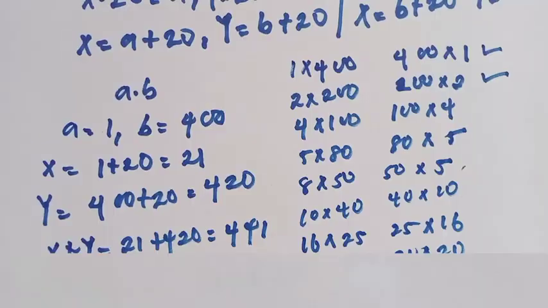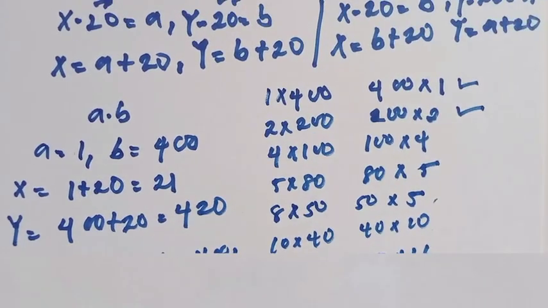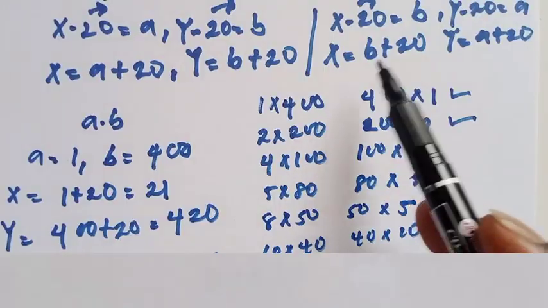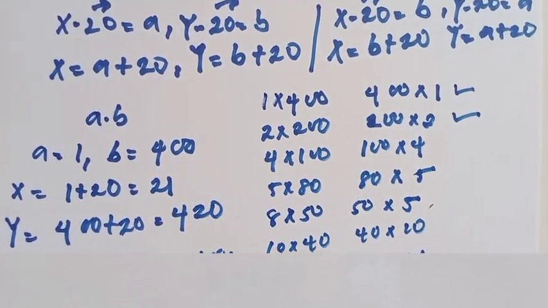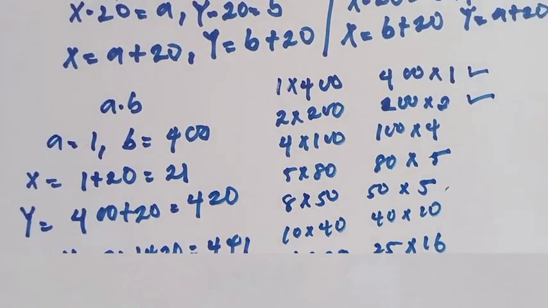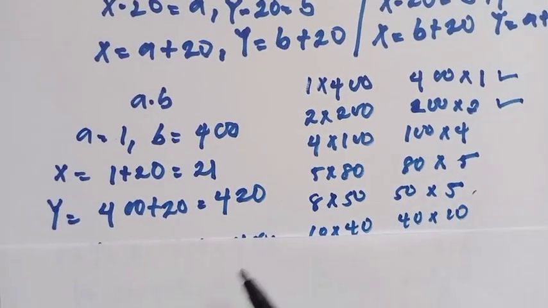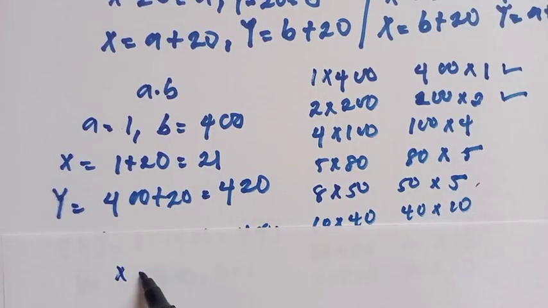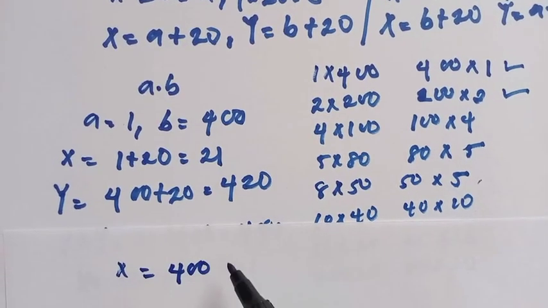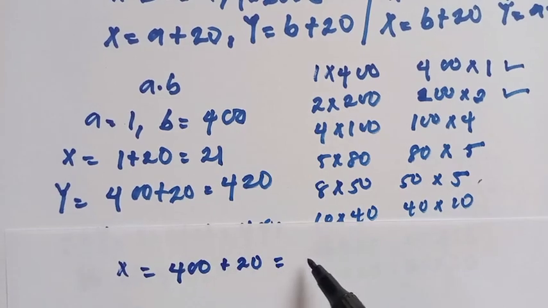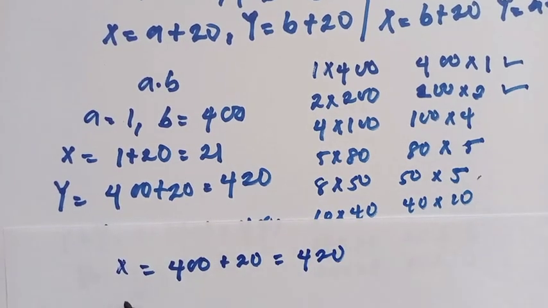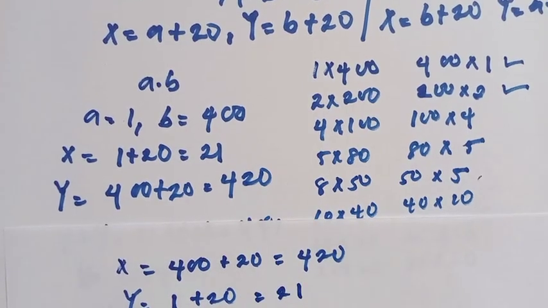441. So if we swap the factors, we are going to be working with this side. This side just represents that we are swapping the factors B for A and A for B. And if we do that, we have that x will be equal to 400 plus 20, which is equal to 420, and then y will be equal to 1 plus 20, which is equal to 21.